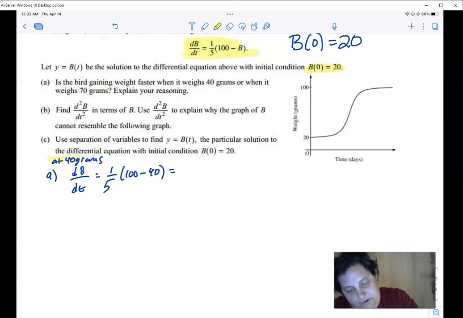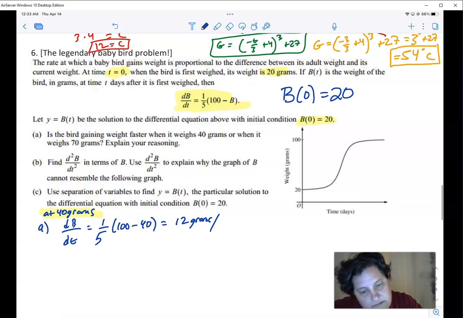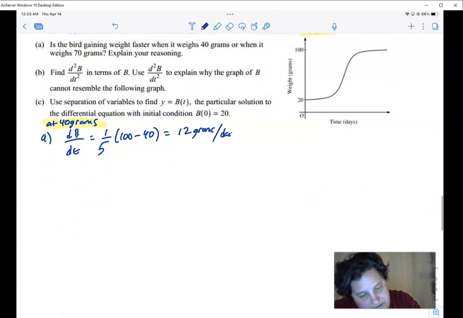The first derivative is a fifth of 60, which is 12. He's gaining 12 grams per, is it days? I have to read this back. Time 0. Oh, for goodness sake. t is time in days. Sorry, that took me forever to find.